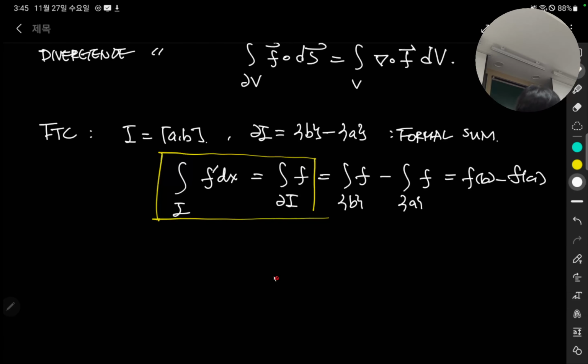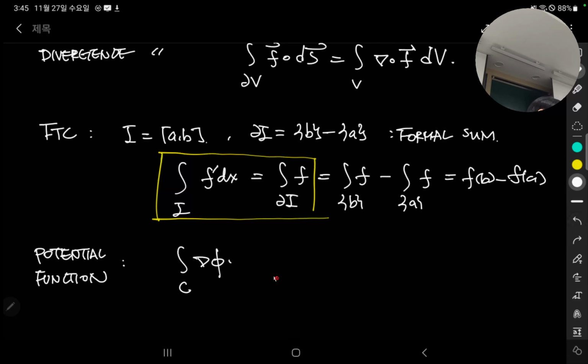And let's think about the potential function here. The second equality here is that now you have a curve that joins the point P to Q, and the line integration is the integration of the potential function, but then I can rewrite this in terms of dx dy notation.